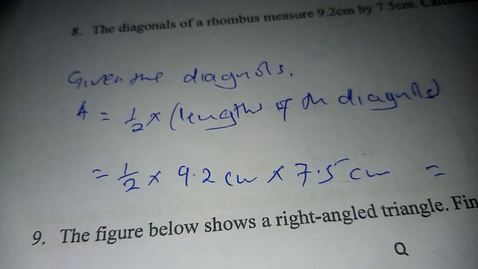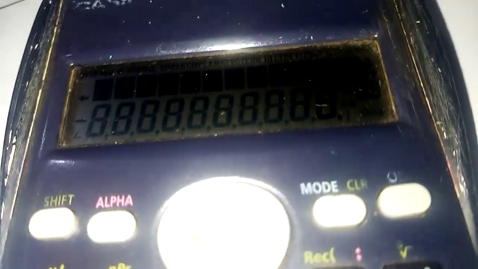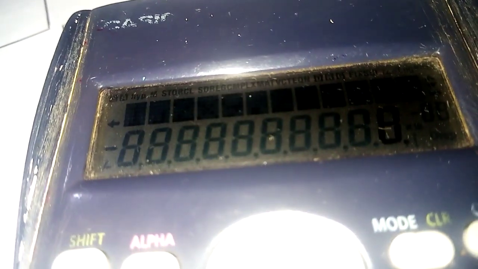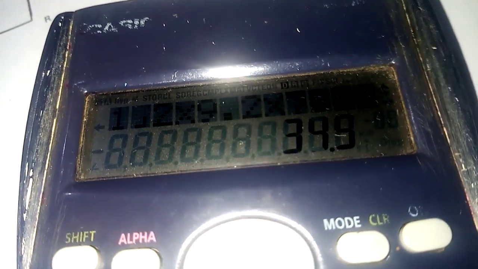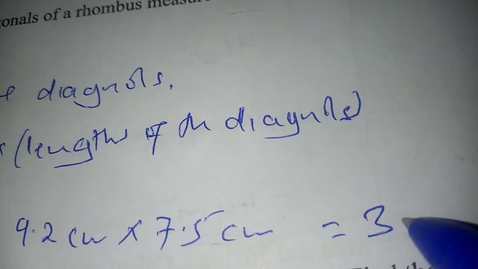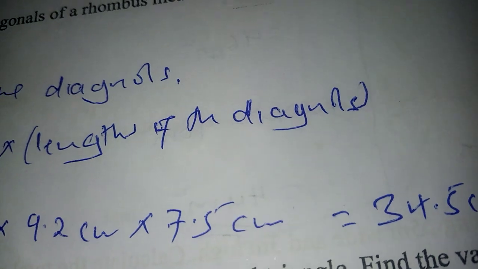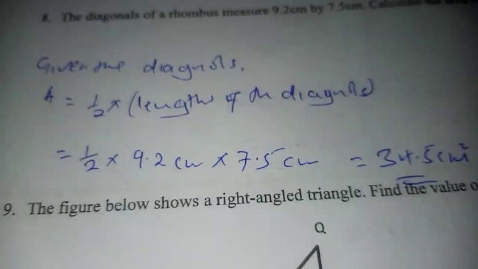Let me put it here on a calculator. It is a half multiplied by 9.2, then multiplied by 7.5, that is 34.5. So the area here will be 34.5 centimeters squared.